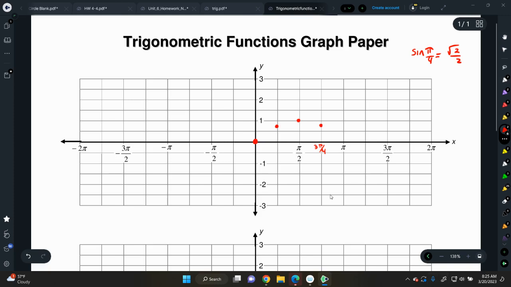Right? We're just plotting points. So when x equals pi, what does the sine of pi equal? 0. Remember I said you have to know that unit circle. Now here we're looking at 5 pi over 4. So sine of 5 pi over 4 is negative root 2 over 2. So we're looking at negative 0.71.